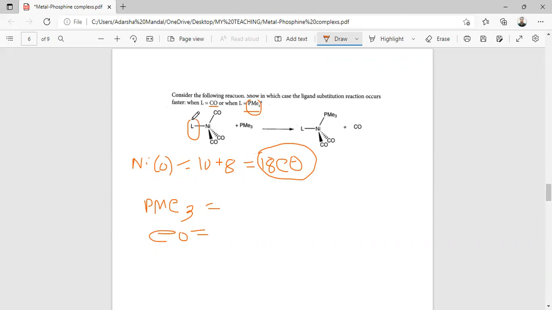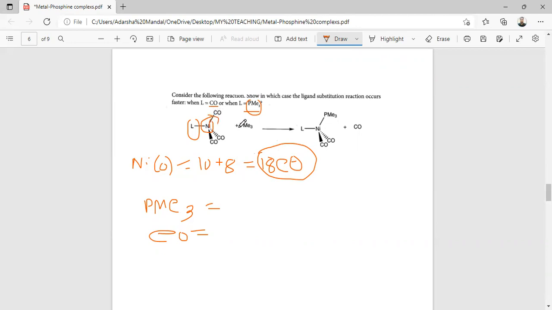So when PMe3 is present, the electron density of the metal center will increase. That will favor more back donation from nickel to the carbonyl.